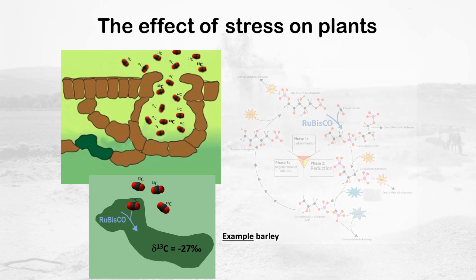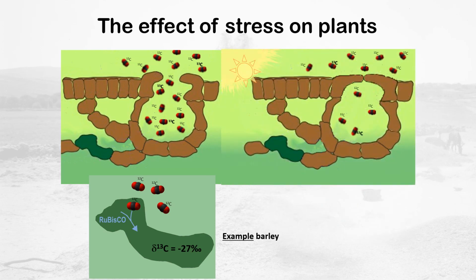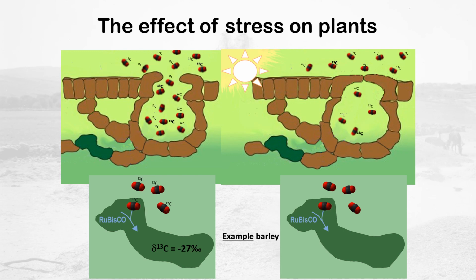Under stress, through increased aridity, the plant reduces its stomatal conductance by closing the stomata to avoid dehydration. In this case, CO2 within the stomata decreases, and there is a relative increase in the use of 13C to maintain the metabolic processes.